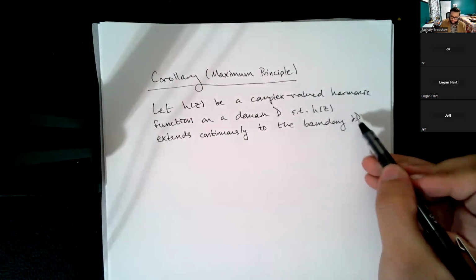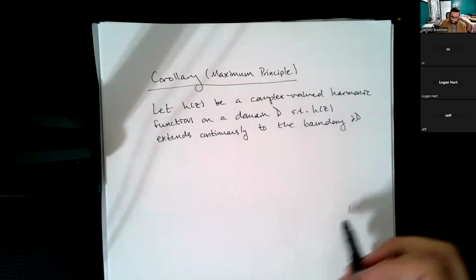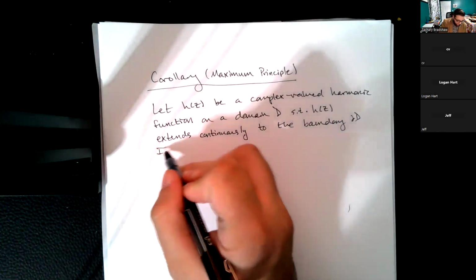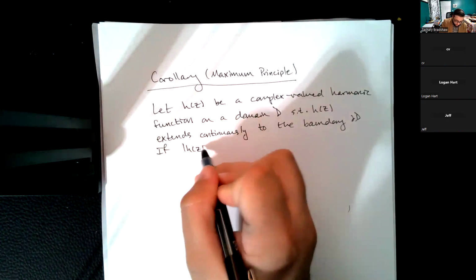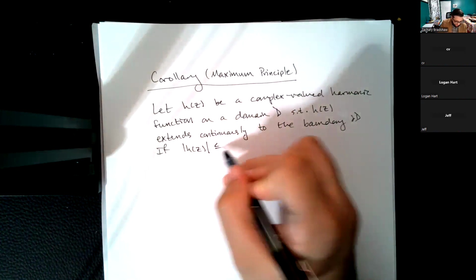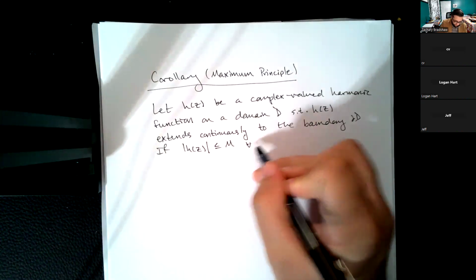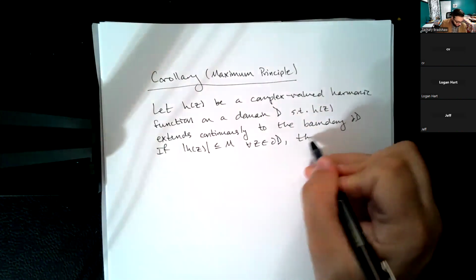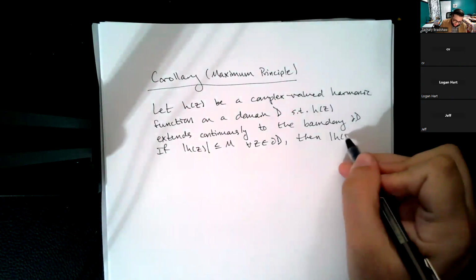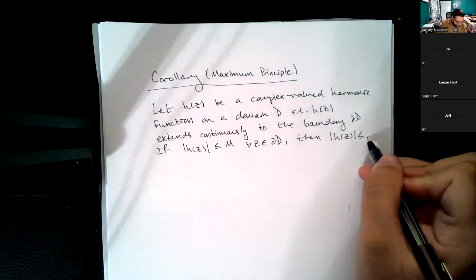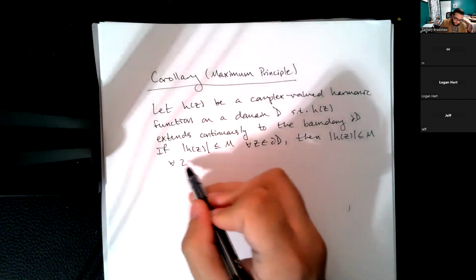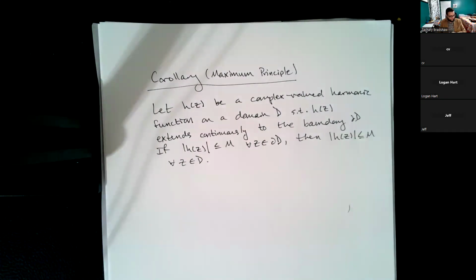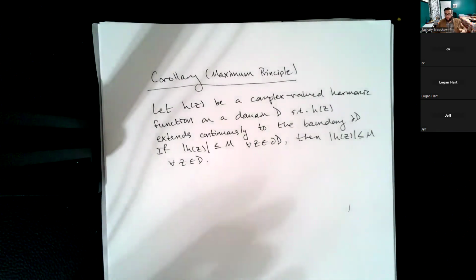So this symbol in front of a set just means boundary. If the modulus of h of z is bounded above by m for all z on the boundary, then it's bounded by m for all z in D. Okay.